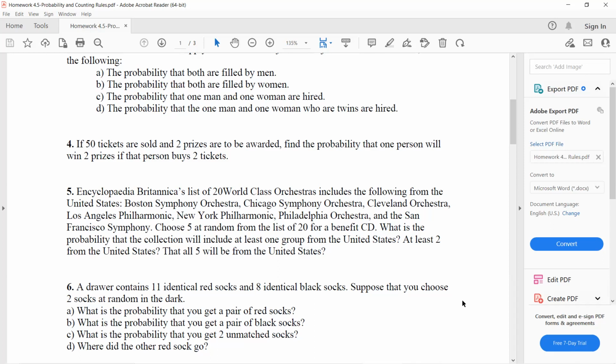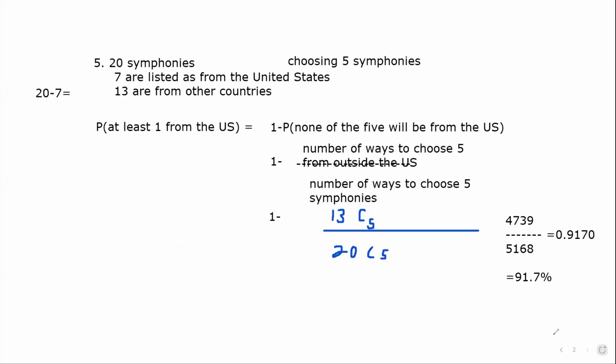So you could subtract some fractions from 1, or you could add a bunch of things together, but I think it would probably be easier to go up. Remember, we're choosing 5. So there's a little bit more calculation involved here. So we're doing at least 2 from the US.